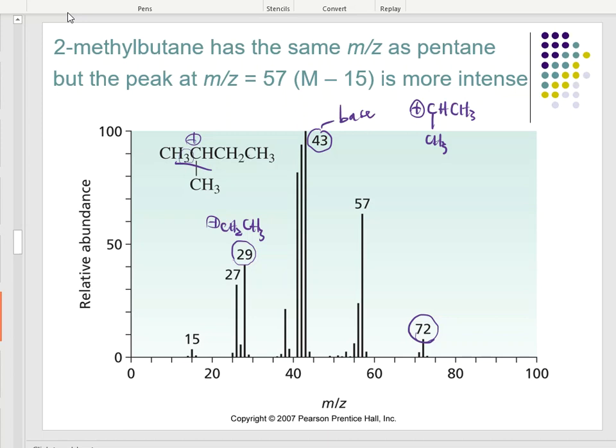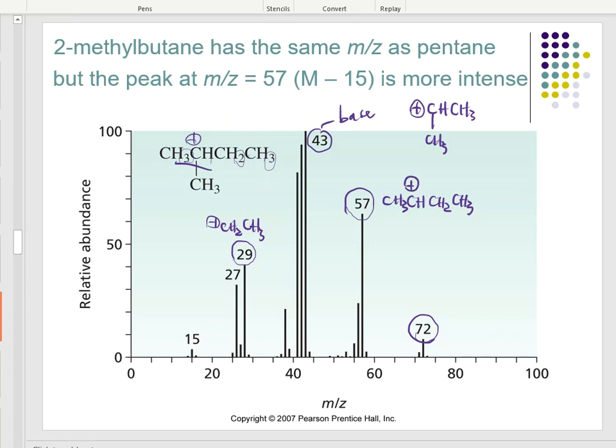49, 50, 51, 52, 53, 54, 55, 56, and 57. I now know how that 57 is showing up. This is coming from a CH3, a CH, a CH2, a CH3 with the positive right there.